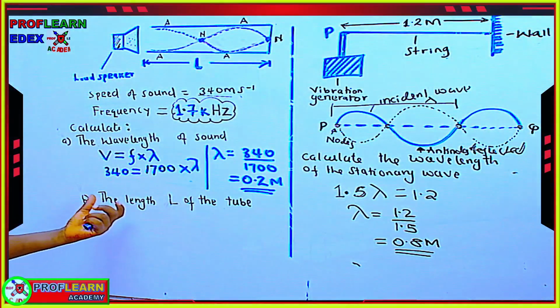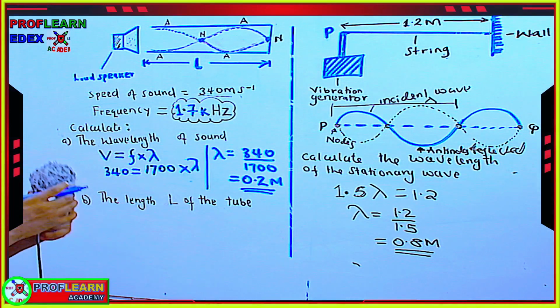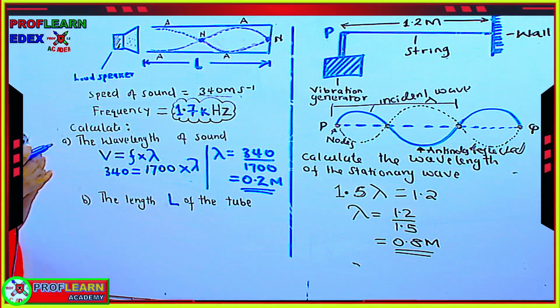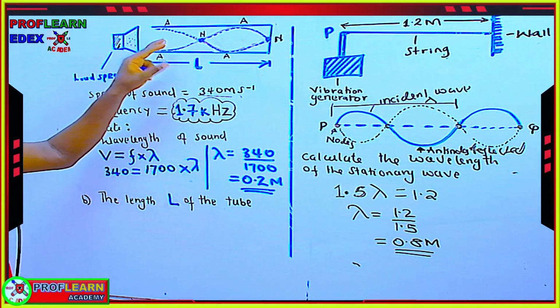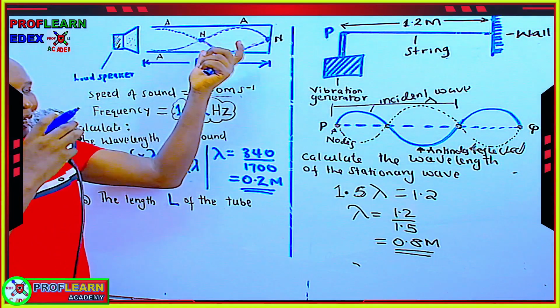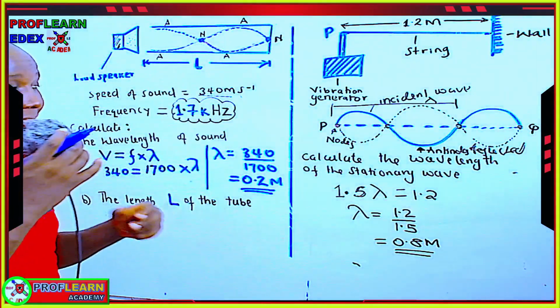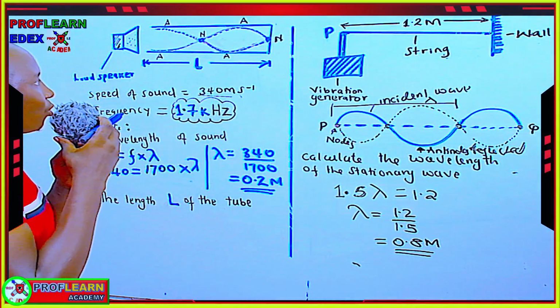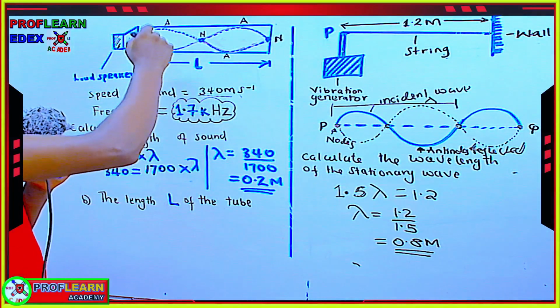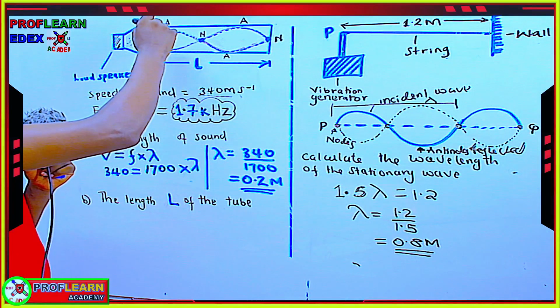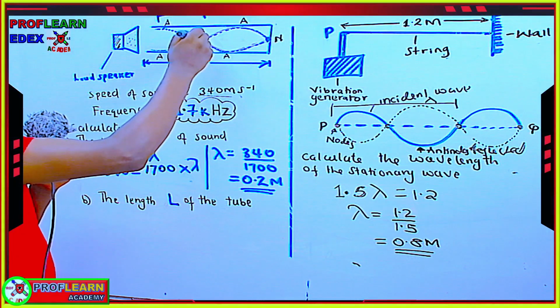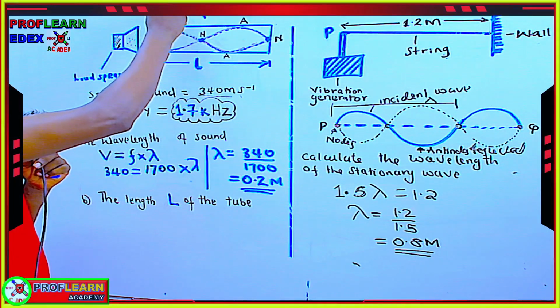The next part is to calculate the length L of this particular tube. We need to ask ourselves, how many wavelengths do we have in this particular setup? We have a node, and this is an antinode.